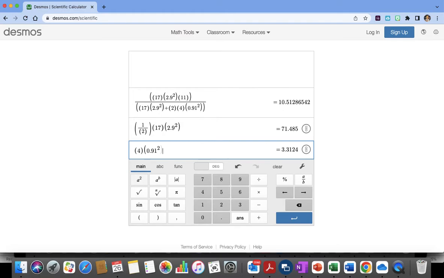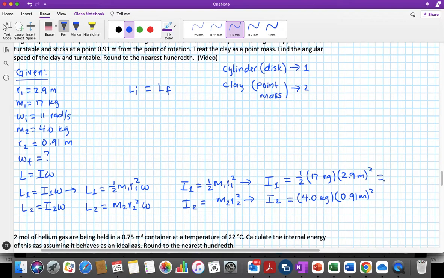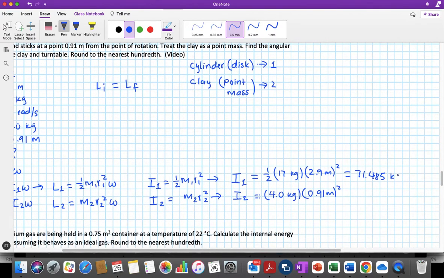Okay? 71.485 kilograms times meters squared, I know these are odd units, and then we had 3.3124 kilogram times meter squared.